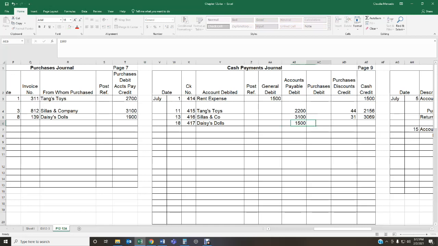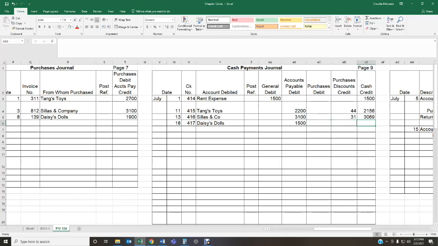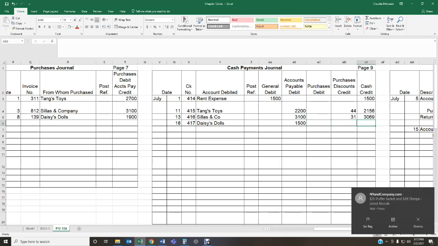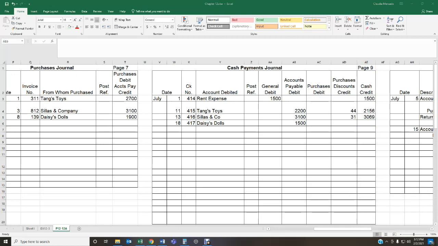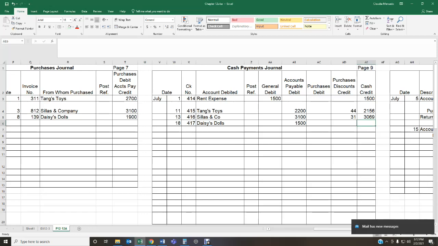I'm going to enter my transaction under my accounts payable debit because my accounts payable is getting reduced. I no longer owe that money. And then I'm going to credit my cash because that is how I'm making my payment. Wait, what did it say happened on the 18th? Let's see.